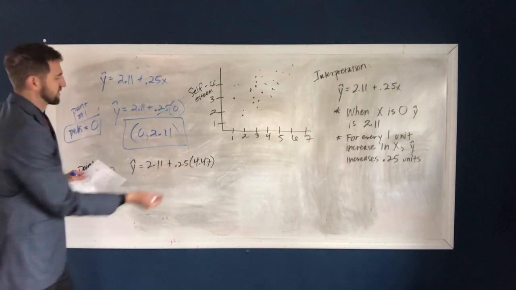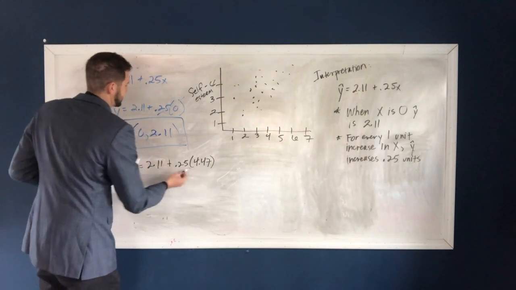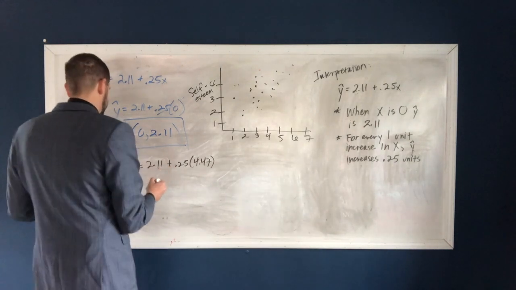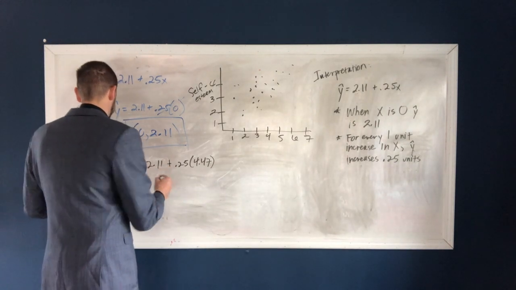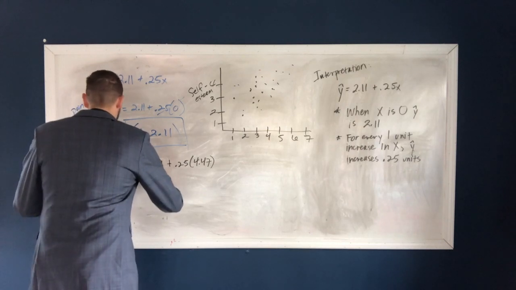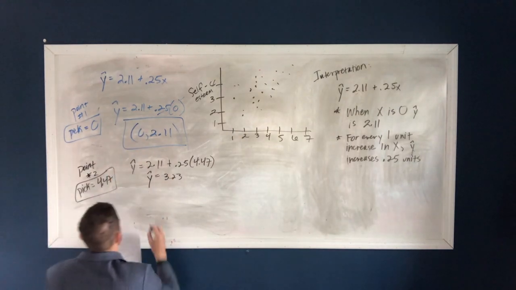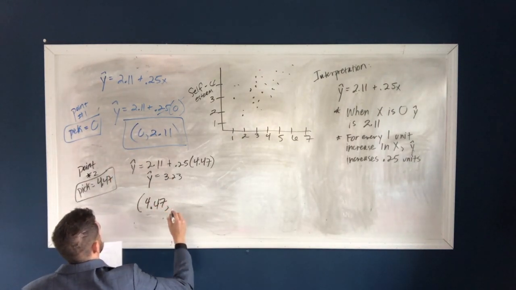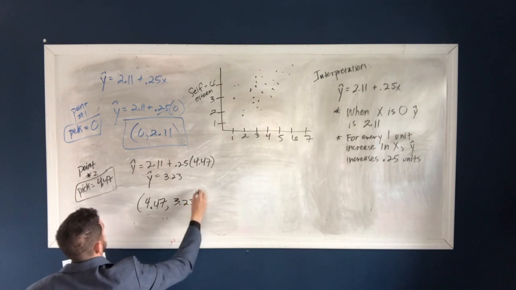Okay, so go ahead and solve for that. 0.25 multiplied by 4.47, then add that to 2.11. And you're going to get a y hat of 3.23. So then you can say when x is 4.47, y is 3.23.